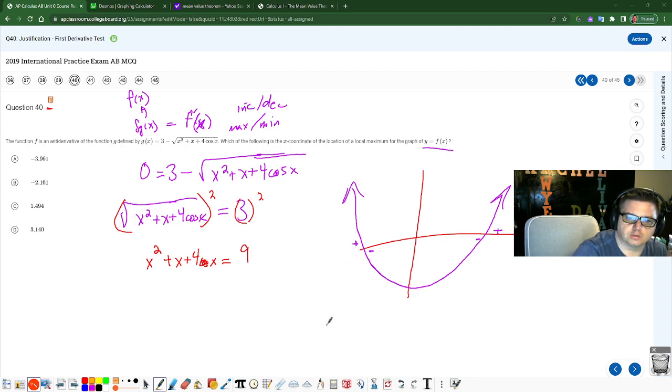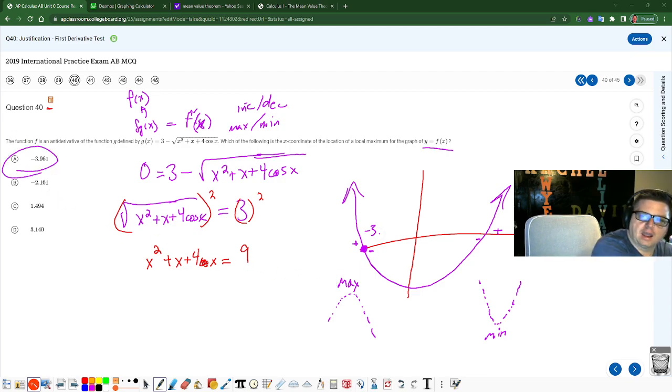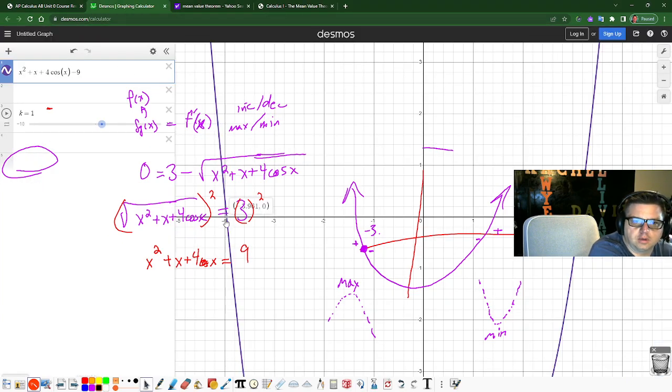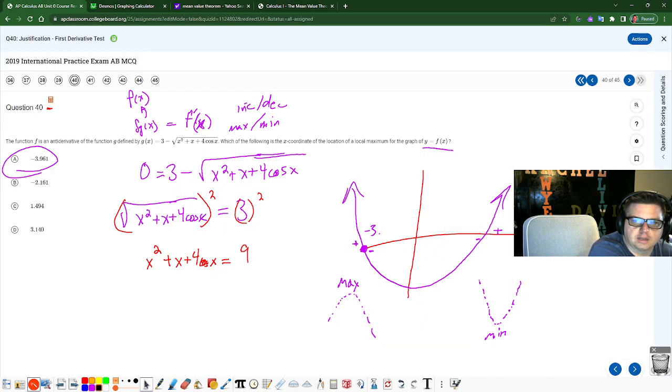So we're increasing, then we start decreasing. That creates a max. Then we decrease and start increasing. That becomes a min. So where does our maximum happen? It's at this one at the negative 3 decimal, 3.9, which if we double check, was negative 3.961, which was the answer on the test.